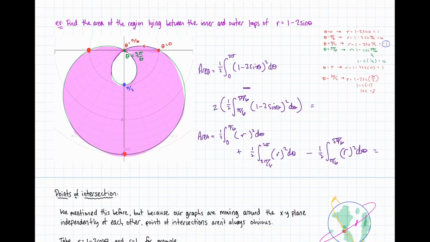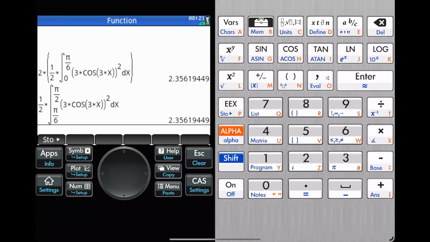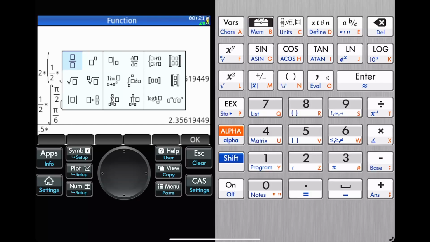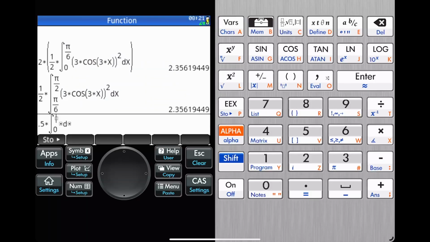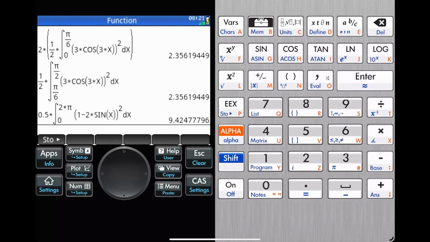Let's just verify. Let's see if I can remember how to do all this. We'll go 0.5 times the integral from 0 to 2 pi of 1 minus 2 sine theta squared d theta. Now I'm going to get that as one integral. Sometimes when you subtract integrals and start to combine them, it gives you an error on the prime.